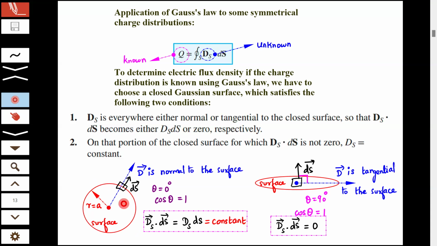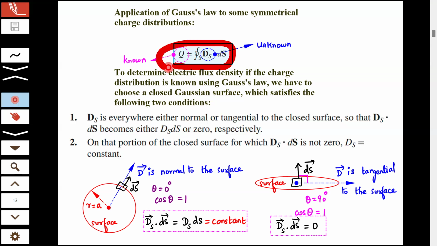So this is an example where if the Gaussian surface is a sphere and everywhere on the surface of the sphere, d is constant. So this d can be taken as constant in the integrand evaluation for Gauss law, where the integrand is the dot product of d and the area element.